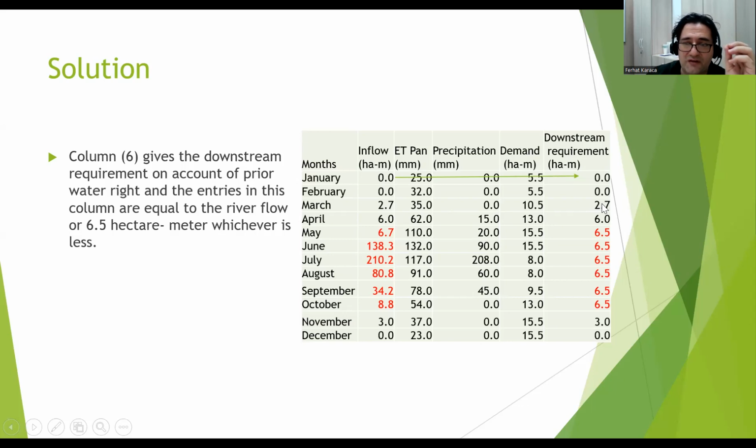We are not going to keep anything in the reservoir because it is less than 6.5, and the same here. But at this point, you are going to release 6.5, then the rest will be held. It means that you are going to hold 0.7 hectare per meter of water in the reservoir. And that's why I put here 6.5, 6.5, 6.5, 6.5, 6.5, and the rest. These are the downstream requirements for the water.